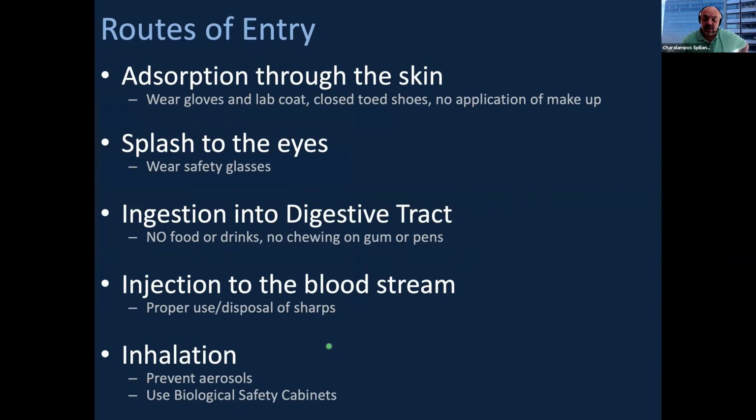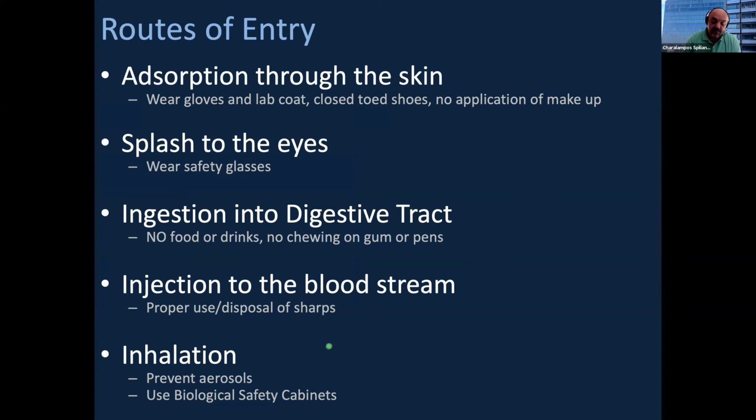The routes of entry of these biohazardous materials in the human body could initially be the skin, okay? So that's why you have to wear gloves or lab coats. Quite importantly, we have to wear closed shoes because either chemicals or biological reagents could be spilled over.